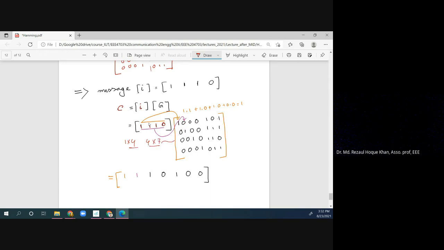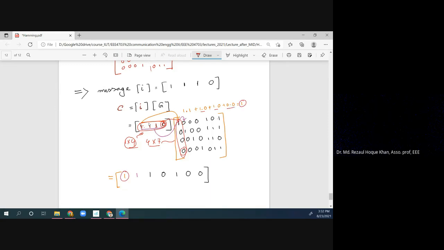What we do is multiply the information with each column of the matrix. So 1 into 1, 1 into 0, 1 into 0, 1 into 1, 0 into 0, 0 into 0. So we have this 1.